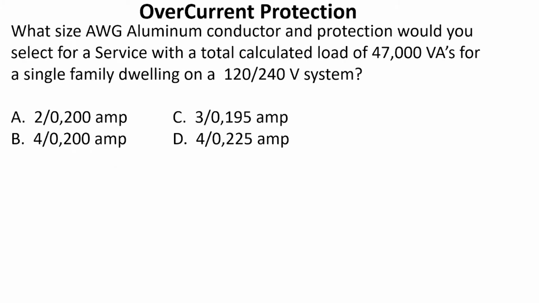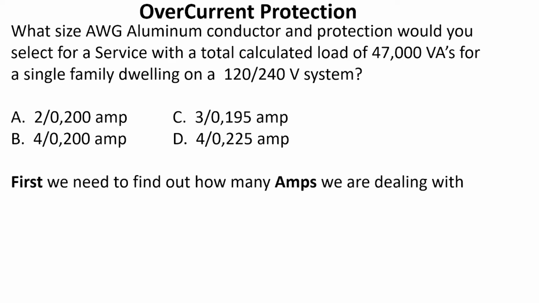Okay, what size AWG aluminum conductor and protection would you select for a service with a total calculated load of 47,000 VAs in a single family dwelling on a 120-240 volt system? So it's going to be the same process. We're just dealing with aluminum conductors, so we'll use the right hand side of 310.15(B)(16).